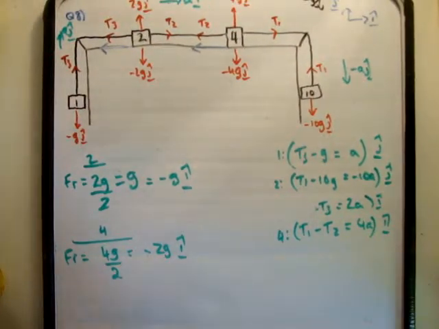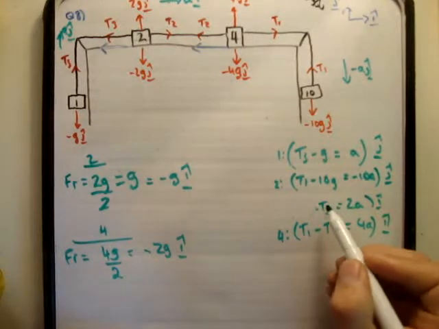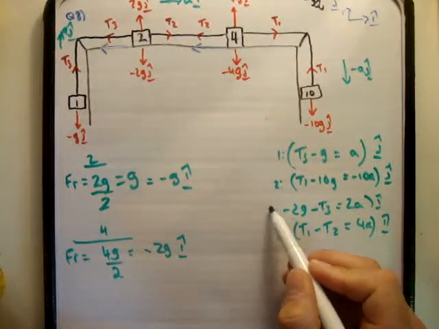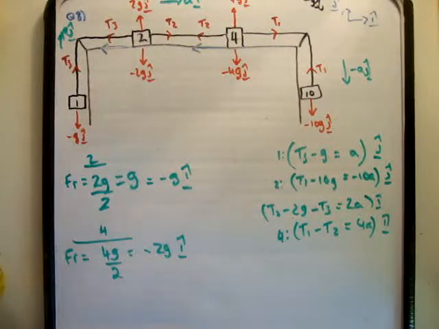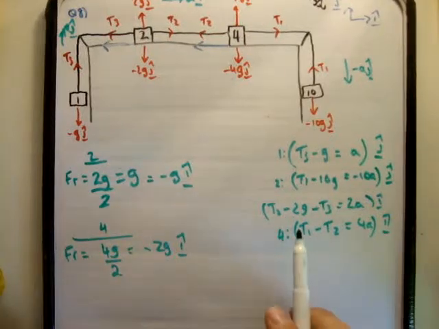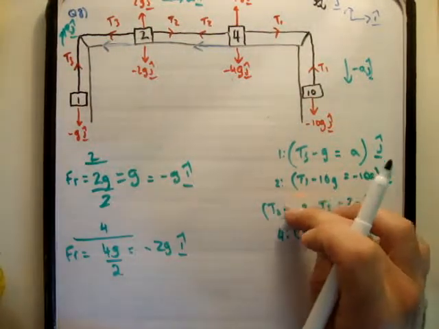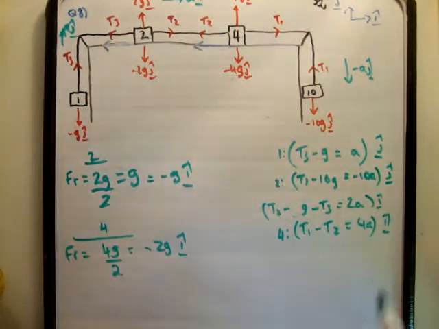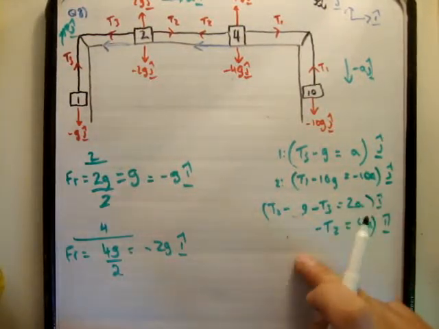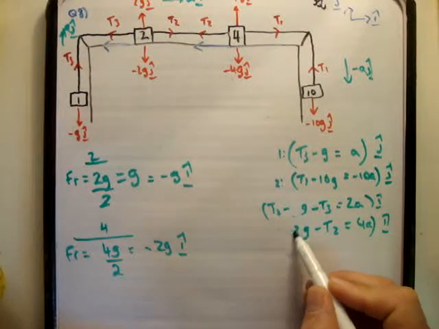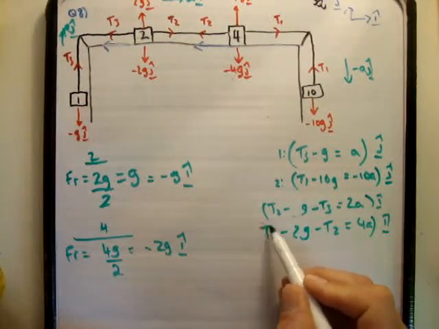So it's going to be T2 minus G i hat minus T3. And for the 4 kilo mass, which is here, we're going to have T1 minus T2 minus 2G. So it's going to be T1 minus T2 minus 2G.